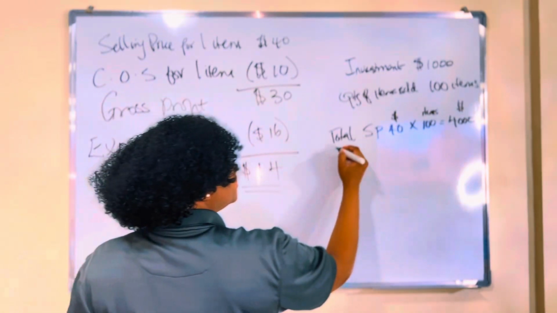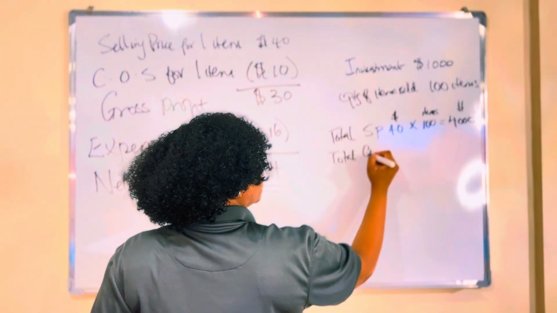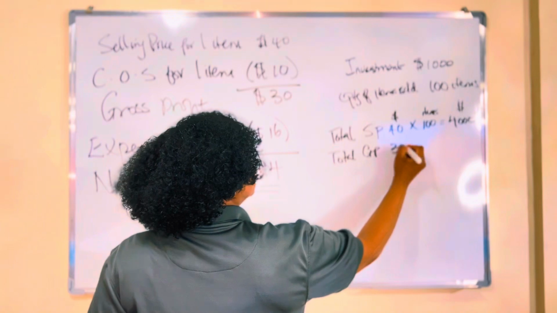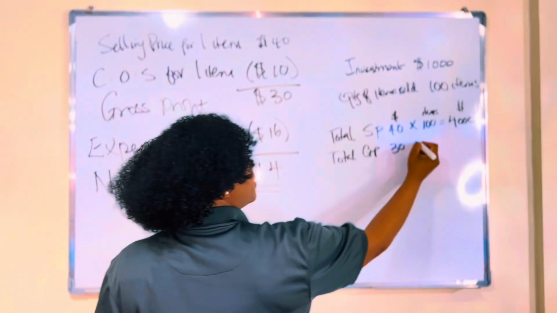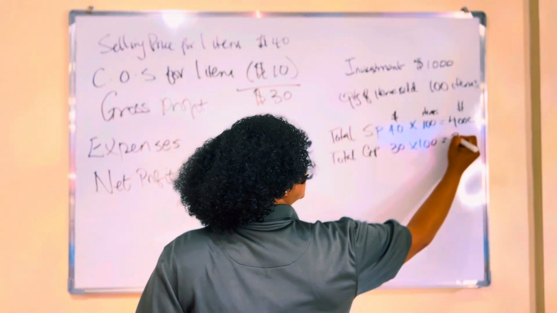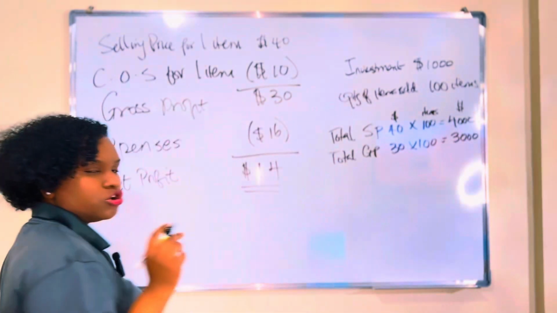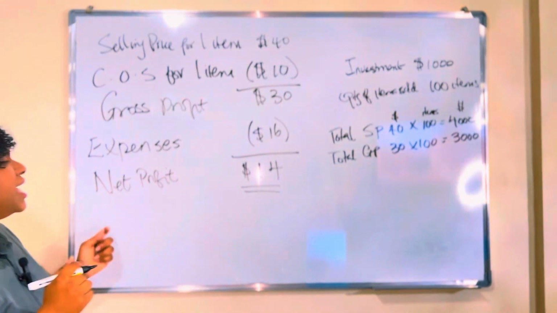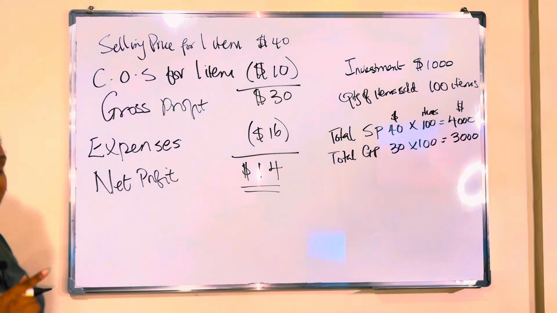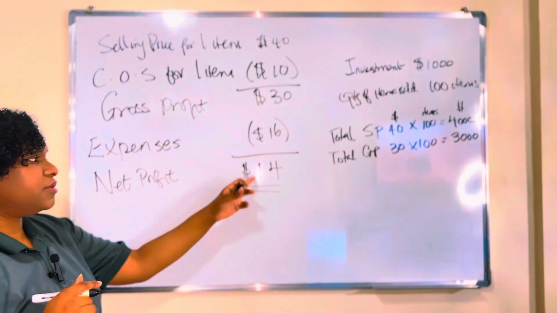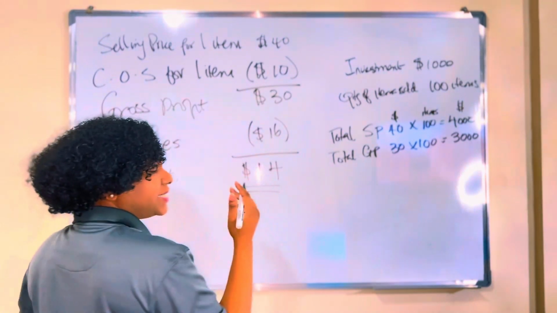Gross profit is $30 per item multiplied by 100 items. That's $3,000 gross profit. Let's say your net profit for the month is $14, well, per item rather.